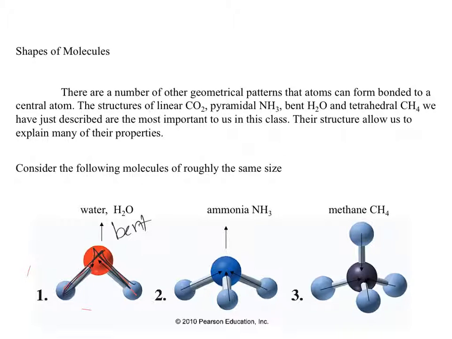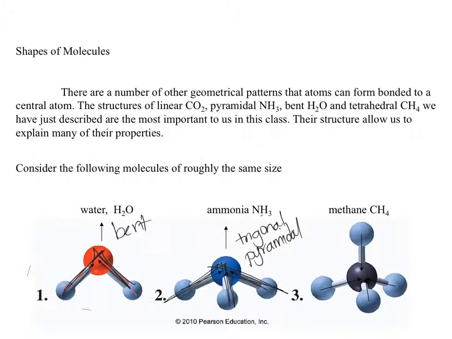And again, ammonia, we have to realize there's actually a lone pair here. So with respect to, or including, the lone pair, the electron domain geometry here is again tetrahedral, central atom going to four things. However, the true molecular geometry, if we just look at what the shape is with respect to the atoms, this guy here, this is that trigonal pyramidal, forms like a little pyramid.